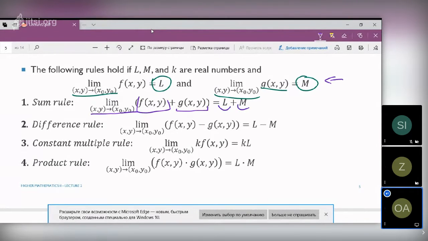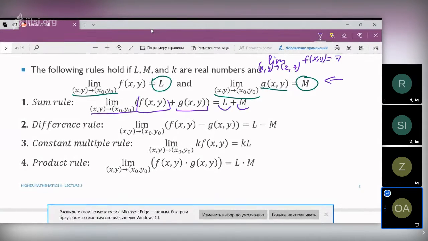For example, if I have limit xy tends to, not x0, y0, let me write here 2 and 3, and I have some function f of xy, and if this equals 7, and if I have another one, limit xy tends to 2 and 3 of g of xy equals 3.